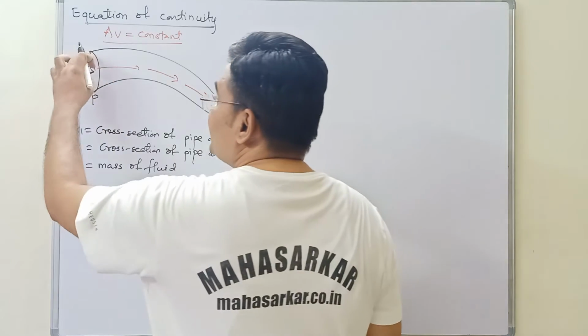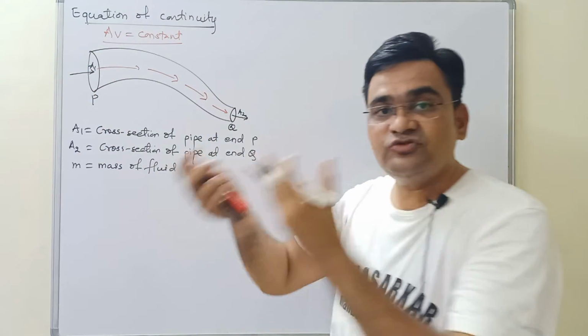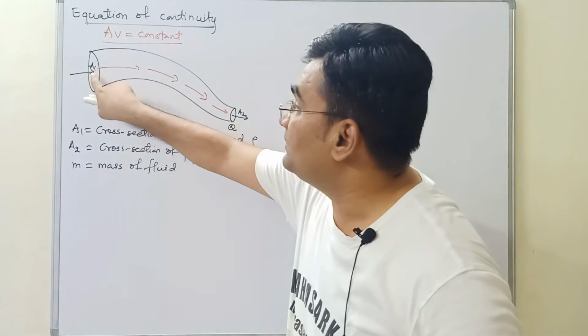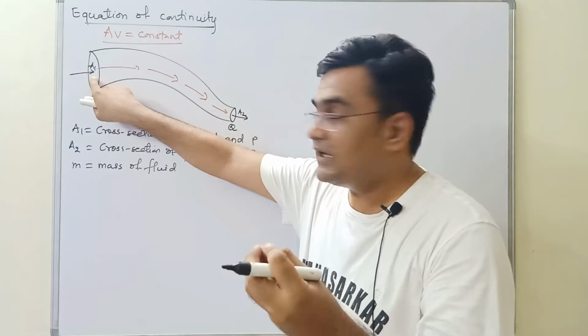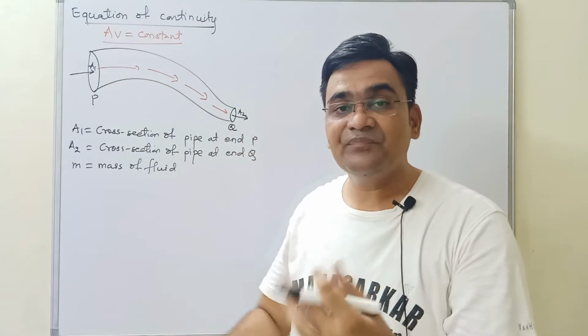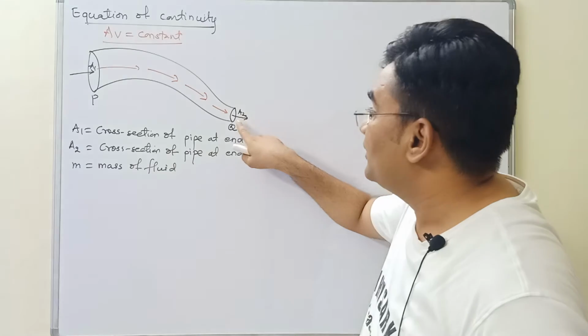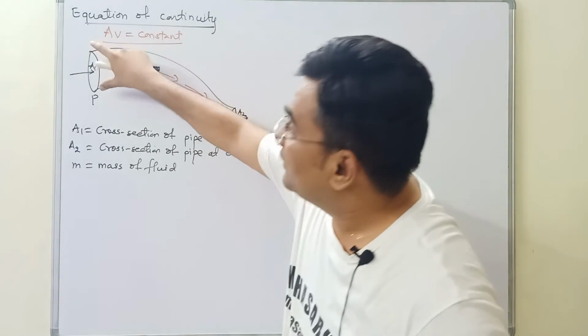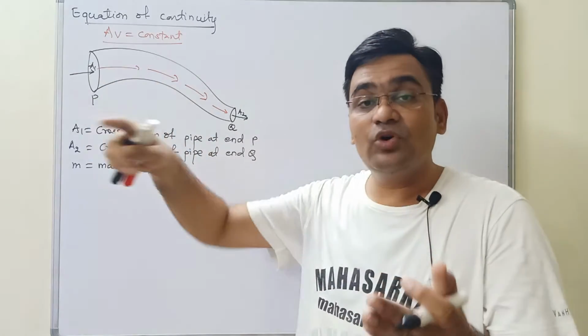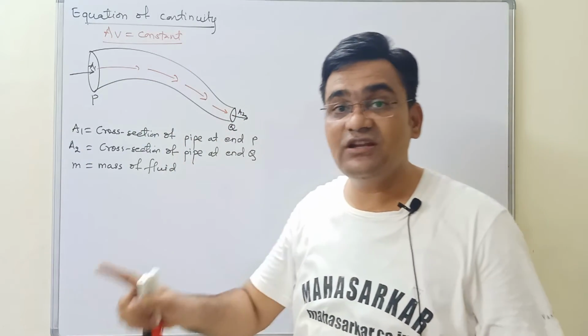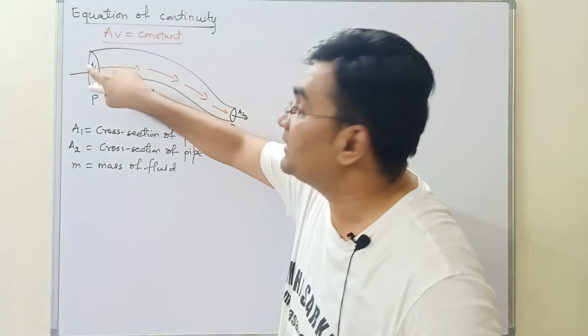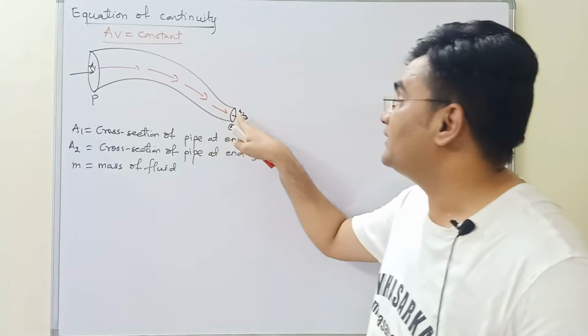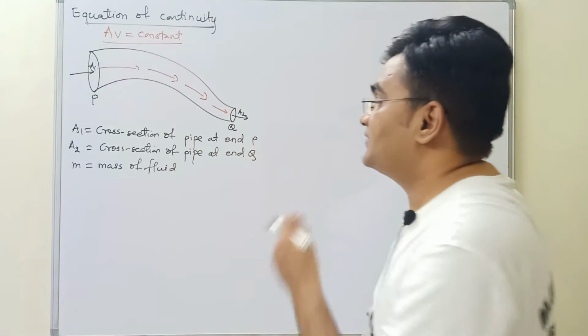But as you can see here, molecules will be more. So velocity of the fluid which is flowing through A1 will be smaller than velocity of molecules which are flowing here at A2. Why is it happening? Crowd is more, viscosity will be more. According to Newton's law of viscosity, particles will move little slower here, whereas here will move little faster.